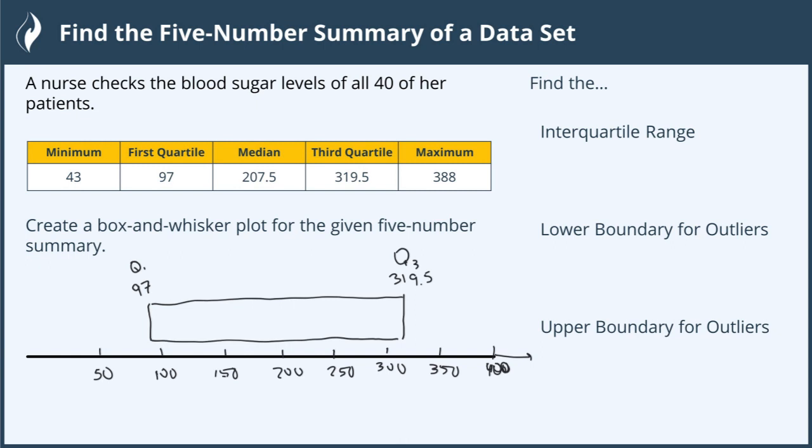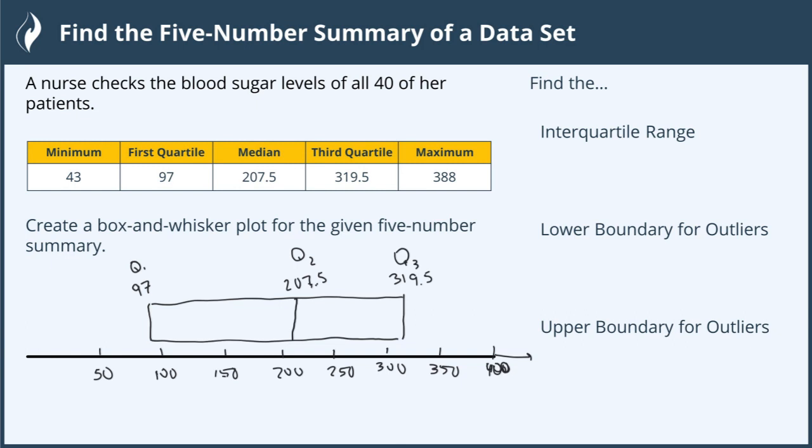Beginning of the box is Q1, end of the box is Q3. Now my median, which is my Q2, is at 207, which is approximately here. So that's going to consist of a vertical line, which is at Q2, or my median, which is 207.5, which is approximately there. And then my box is done.